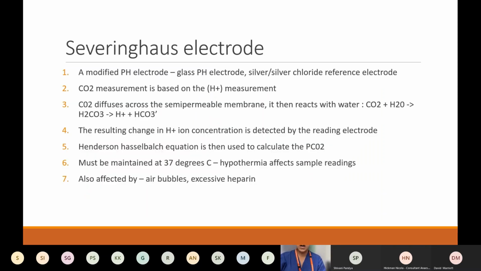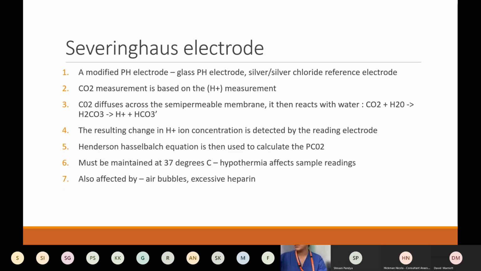So you've got your CO2 sample diffusing across the semi-permeable membrane, and the principle of the pH electrode is measurement based on hydrogen ions, and so this one is as well. So it's measuring the CO2 based on the hydrogen ion concentration. It's all dependent on this carbonic acid reaction: carbon dioxide plus water gives you H2CO3, which then dissociates to give H+ and HCO3-.